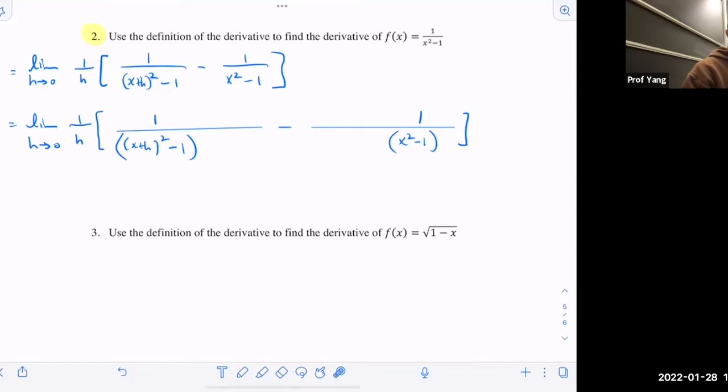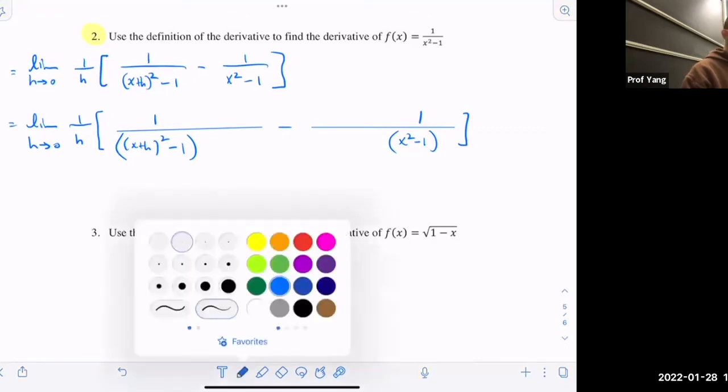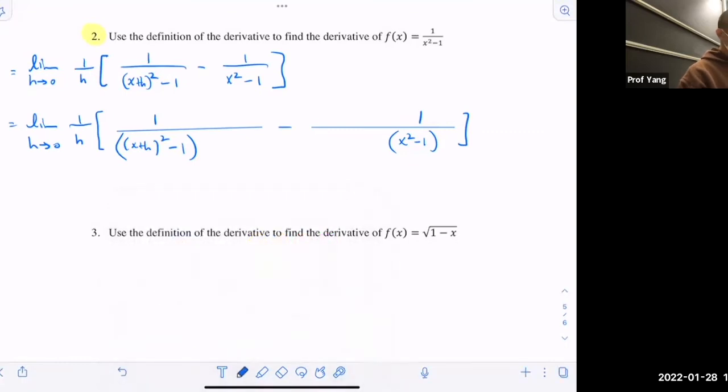Whatever I do to the top, I have to do to the bottom, and I want a common denominator. I'm just going to multiply the two things together to get the common denominator. I'll do it in a different color. So for this first one, I need to multiply top and bottom by x squared minus 1.